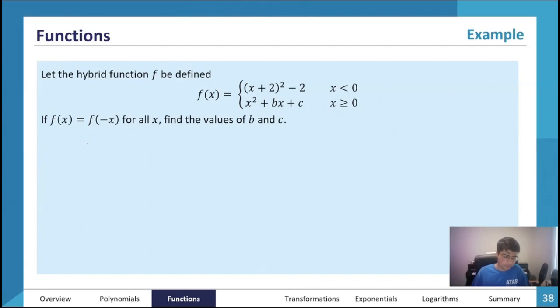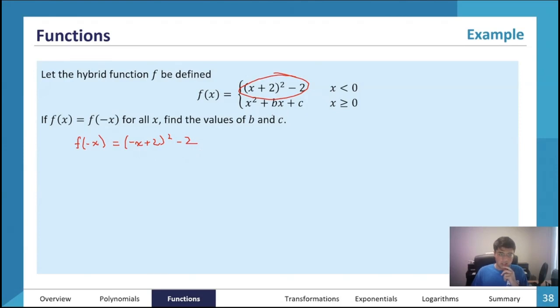So we know that f of negative x is going to be, let's see, since x is going to be negative, we're going to take this part of the hybrid function here. So we write this out. We're going to put negative x plus 2 squared minus 2.